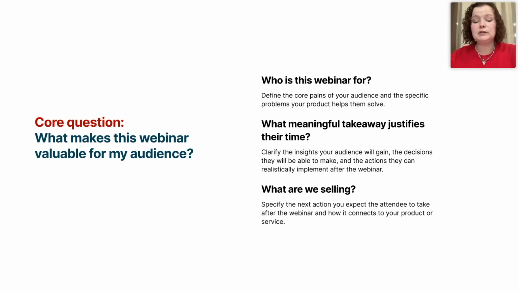And also the third part of this step is, what are we selling? Not only your product line, not only your packages of services or online courses or consultations, etc., but also what would be the call to action of your webinar? What would be the next step that your prospect should take after the webinar?